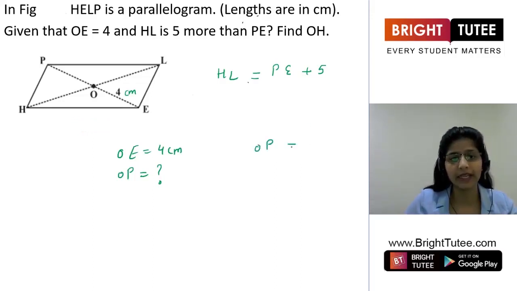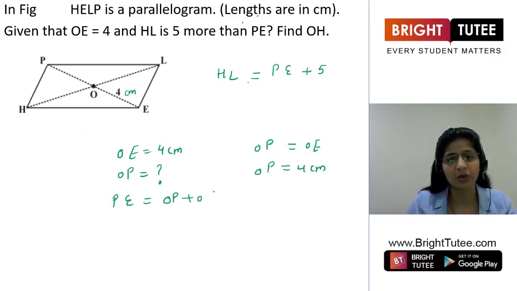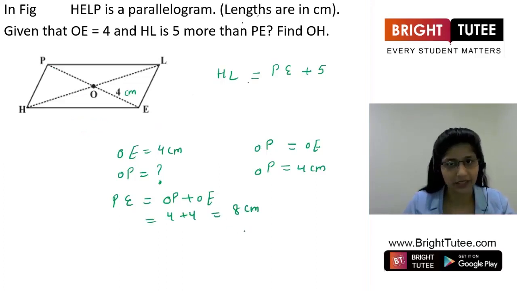OP will be equal to OE. Right? Now because OE is 4 centimeter, OP will also be 4 centimeter, and we know that PE is equal to OP plus OE. That means it is 4 plus 4, that gives us 8 centimeter. So what is the length of one diagonal, that is PE? It is 8 centimeter. Right?